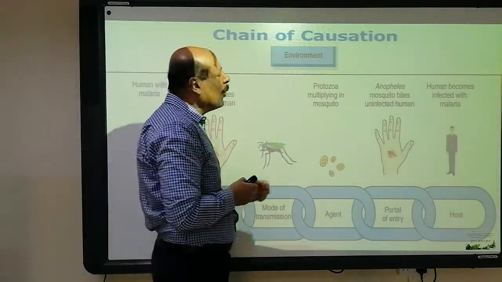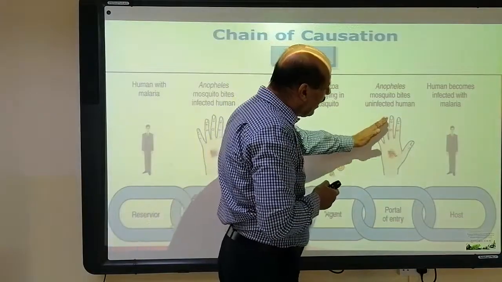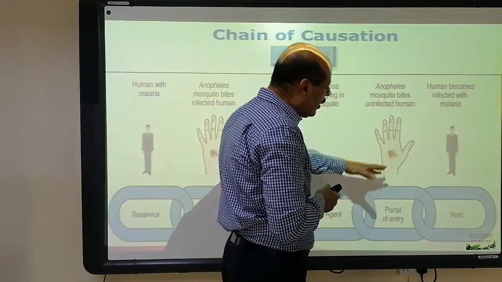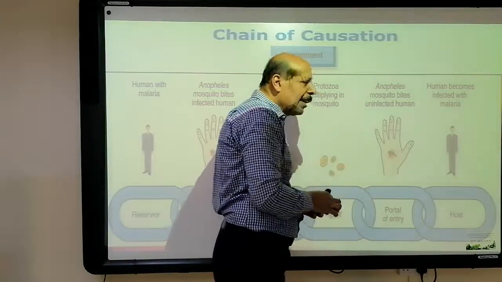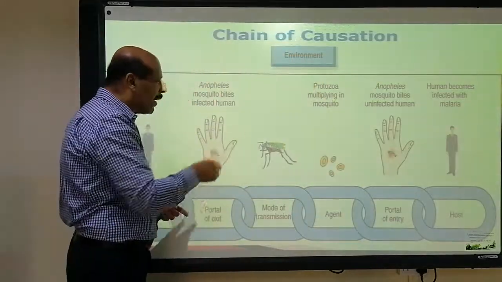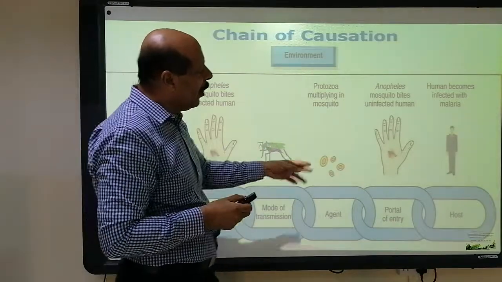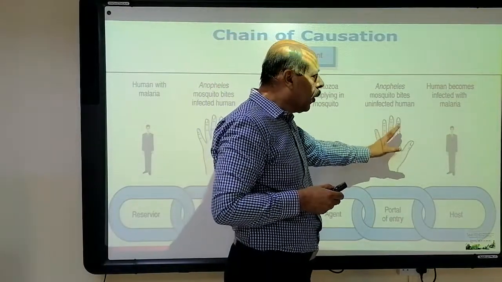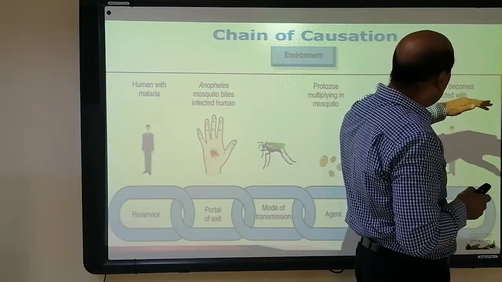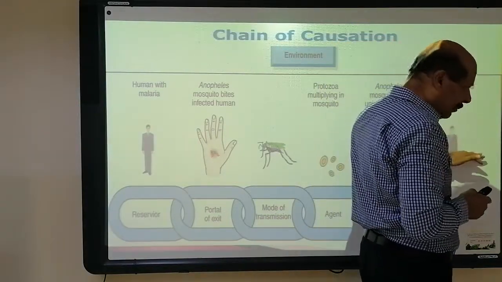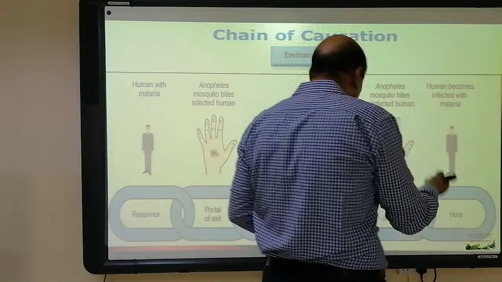The Anopheles mosquito will go and bite another human being. So it is a portal of entry. It will introduce the microorganism into the body of the new host, the new human being. So the other person will become infected.